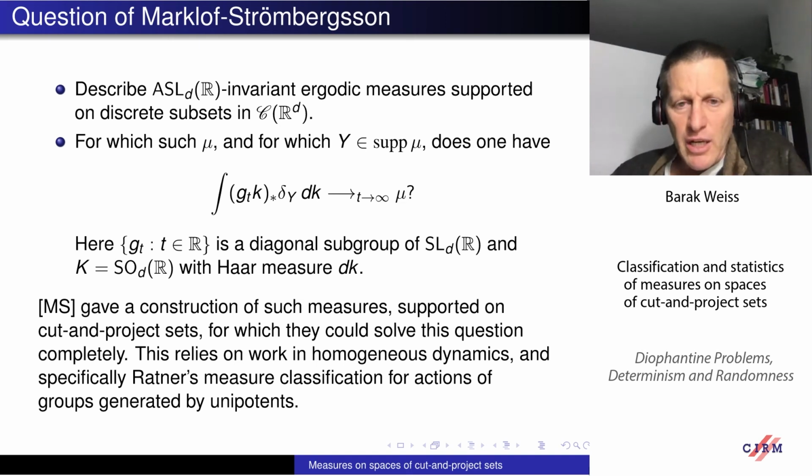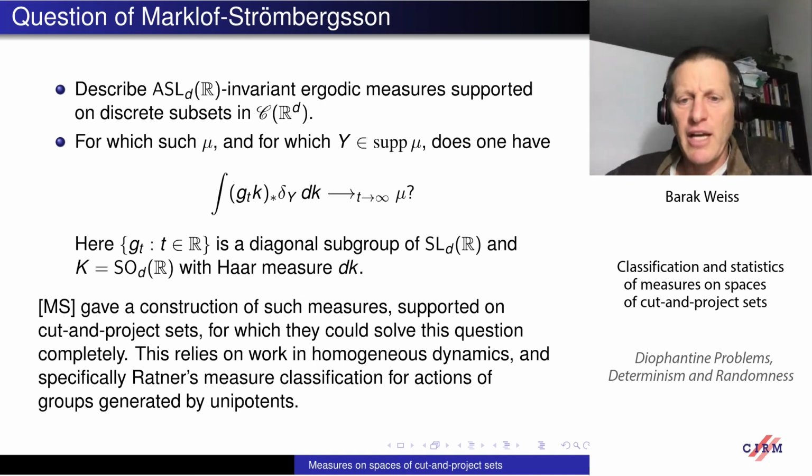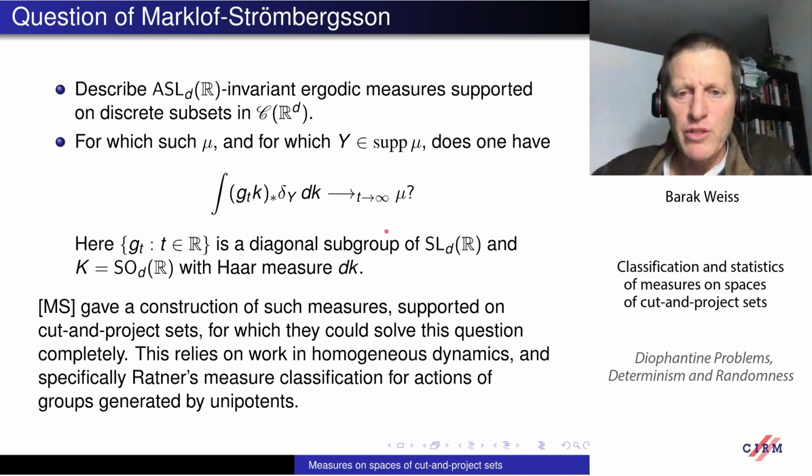Their construction relies on homogeneous dynamics, and specifically on a very famous body of work by Ratner from the 1990s, the measure classification for actions of groups generated by unipotents. Ratner's work is used twice. The first place is just to construct the measures, which you're going to see in a moment. The second place, which I won't talk about today, is to understand exactly this kind of equidistribution phenomenon.